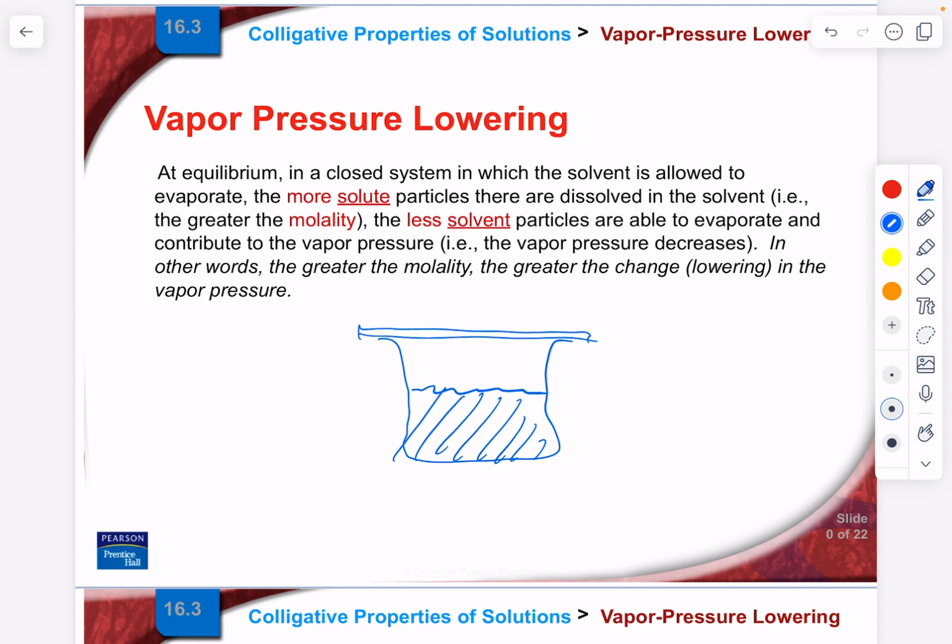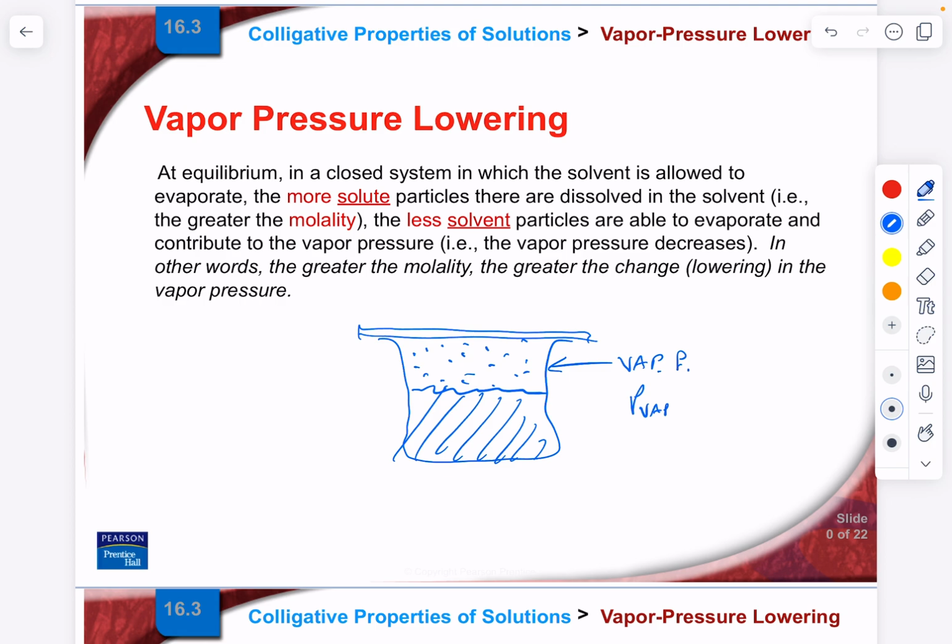And now I'm going to draw a couple of my solvent particles that have evaporated, creating pressure. There is a vapor pressure, or PVAP, that can be measured above the water, or whatever the solvent happens to be.